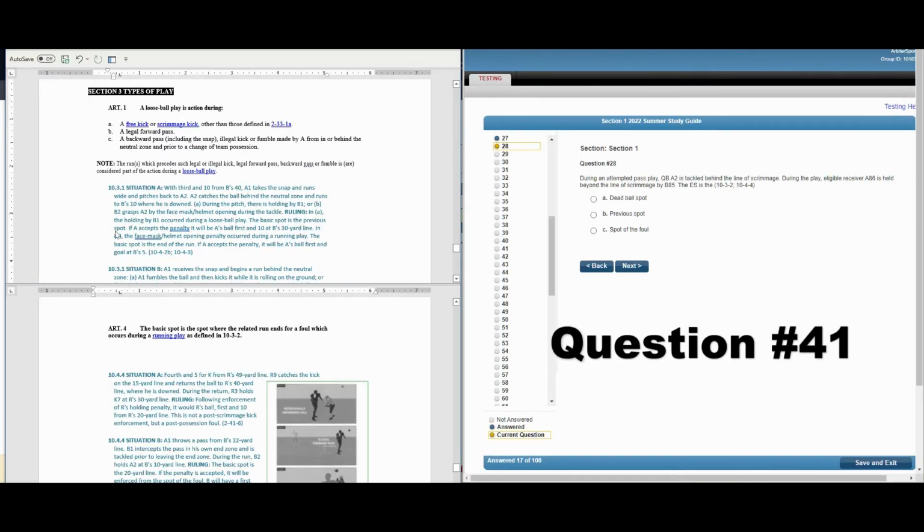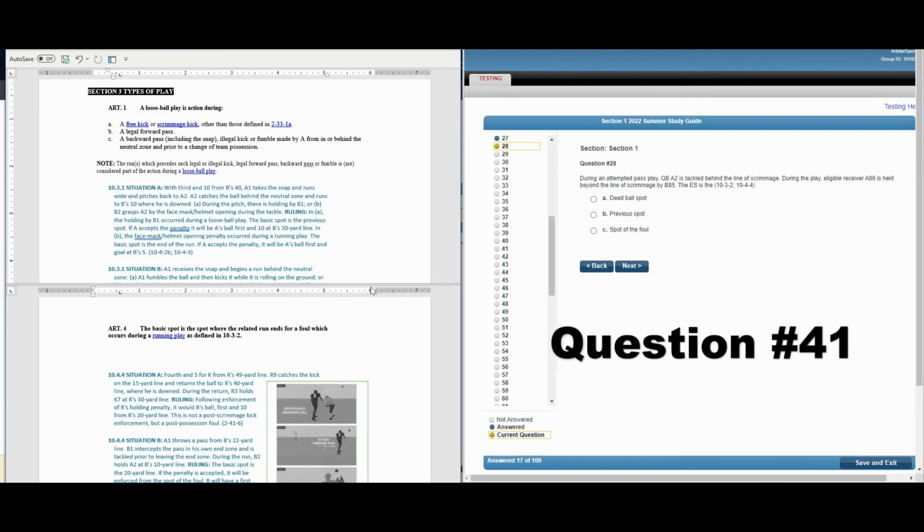All right, question 28. During an attempted pass play, quarterback A2 is tackled behind the line of scrimmage. During the play, eligible receiver A86 is held beyond the line of scrimmage by B85. The enforcement spot is. So, what do we have here? Whenever we're talking about enforcement spots, we want to determine what type of play it is. The two basic types are a loose ball play or a running play.